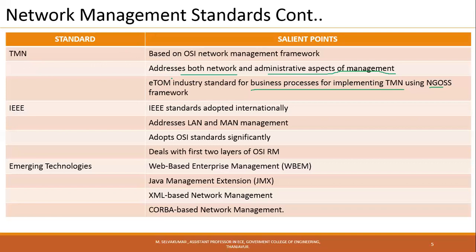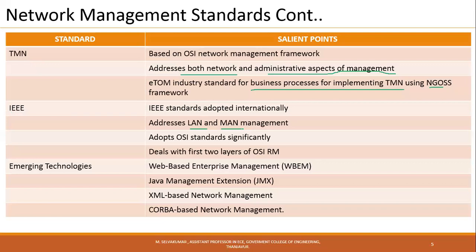This was the explanation about that. Next is the IEEE industrial standard. The IEEE standard for the local area network addresses the local area network and the metropolitan area network.